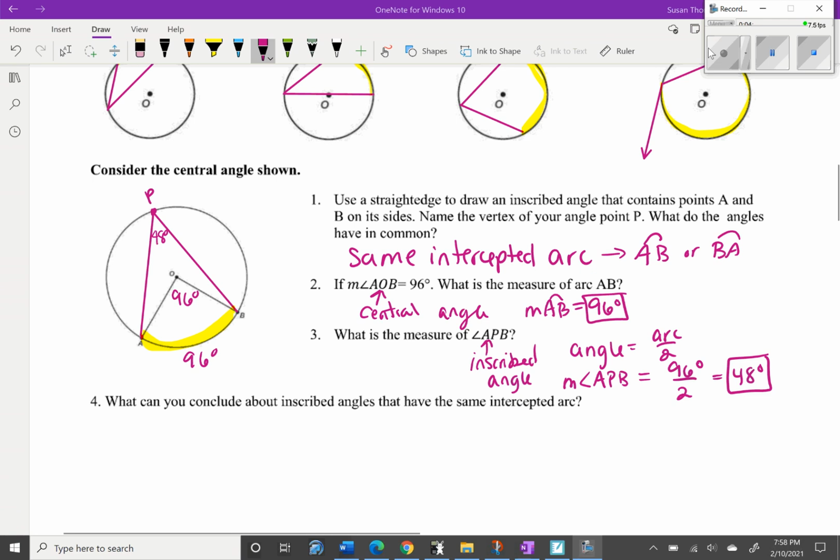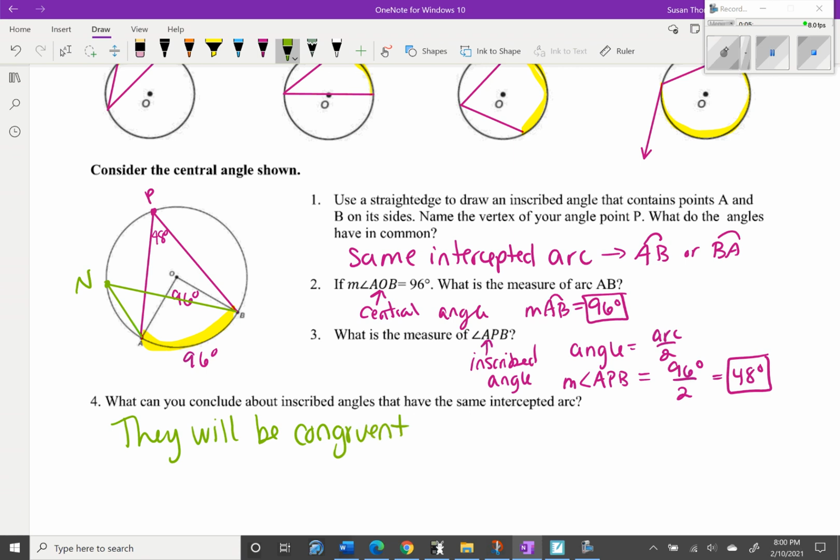The next question says, what can you conclude about inscribed angles that have the same intercepted arc? So if we were to draw another inscribed angle on our circle above, so I just drew another angle A and B. So we can conclude that if inscribed angles have the same intercepted arc, they will be congruent angles.